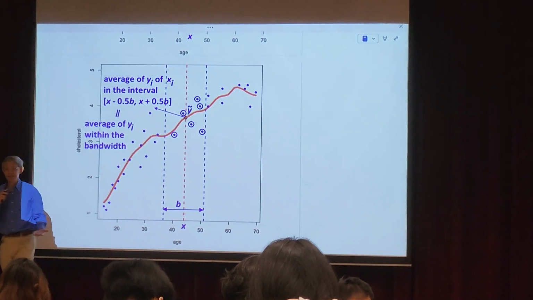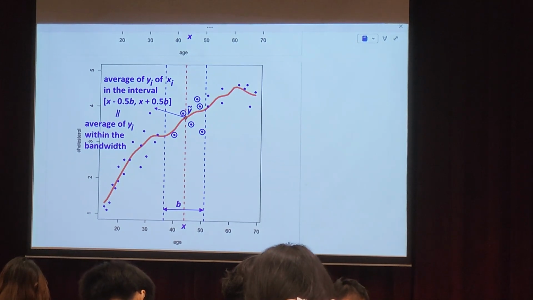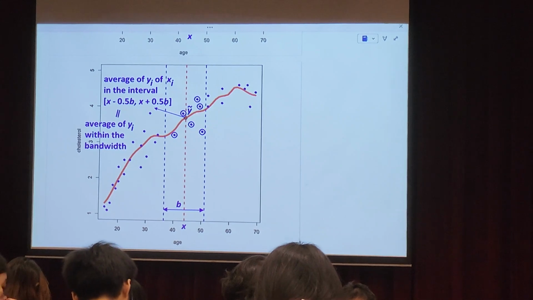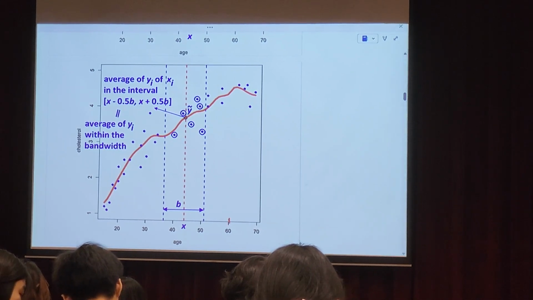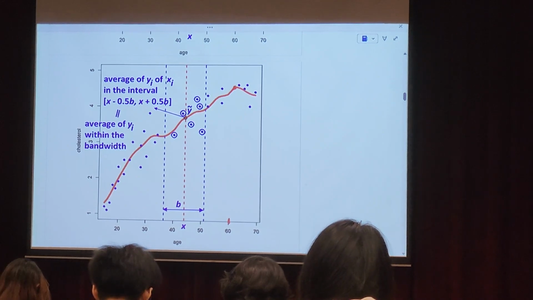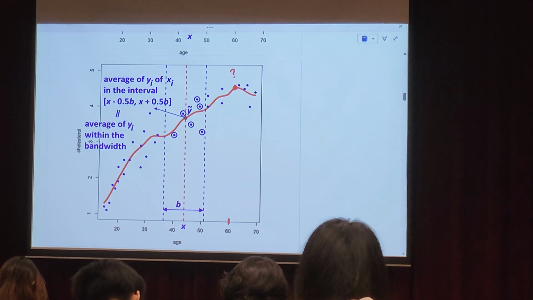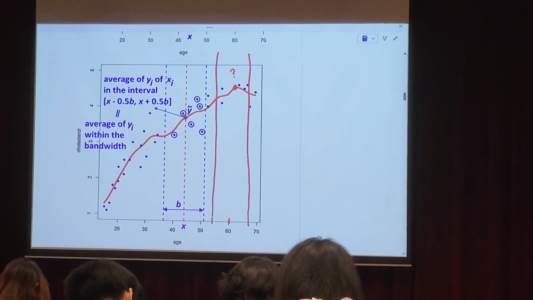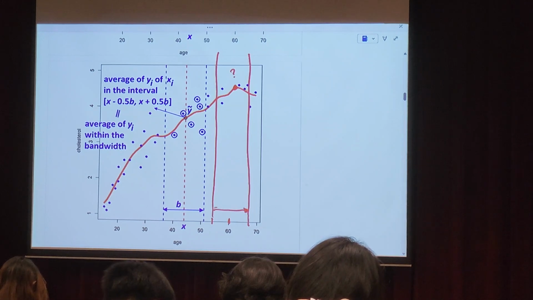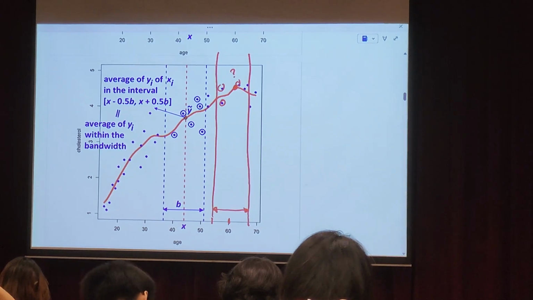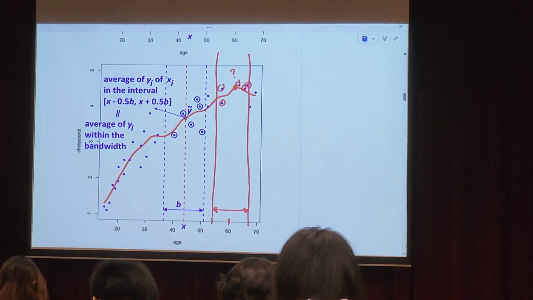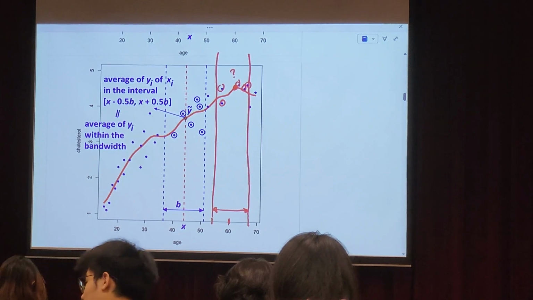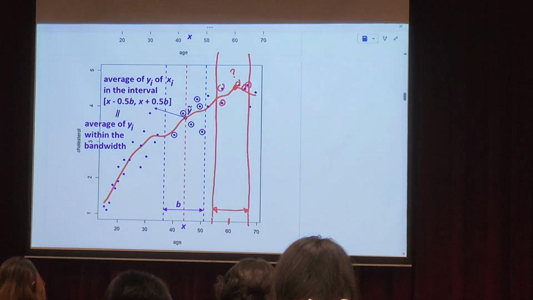You got it? So, the idea of non-parametric regression actually is very simple. If I want to calculate, let's say here, this point, I want to know what the value is. What I do is, I get a bandwidth of B, and then I locate all the points that fall within this band surrounding X, and I calculate the average value of all these Y. That would be my fitted value for the non-parametric regression model.